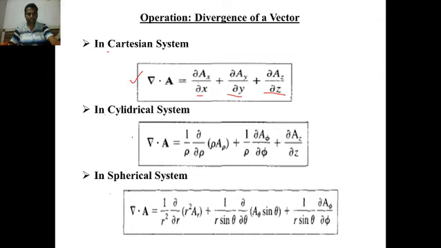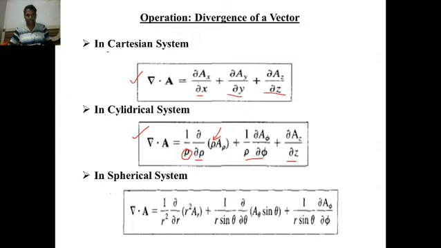Similarly, how would you get this formula? Write down the differential lengths on the denominator side. What are the three differential lengths in cylindrical system? dr, r d phi and dz. But what about this? An additional r is added here on the denominator side. Similarly, this additional r is added on the numerator side.